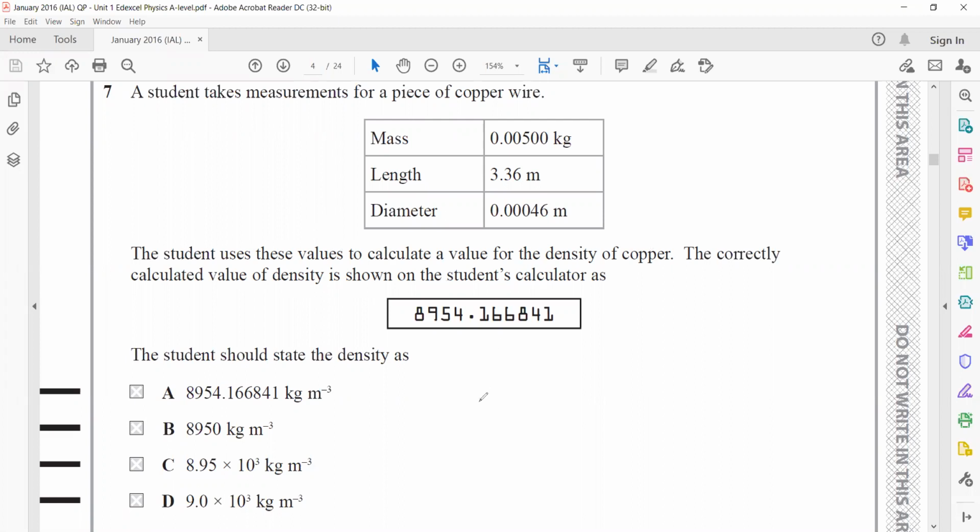When we check the number of significant figures, the reliable digits, we have diameter, length and mass. The student should state the density to two significant figures, because we have three significant figures and two significant figures, so we select the smallest one. So to two significant figures, that's why D is the right answer.